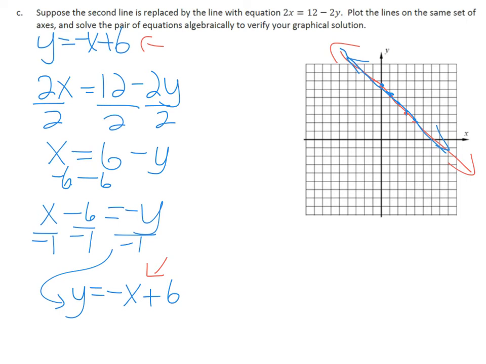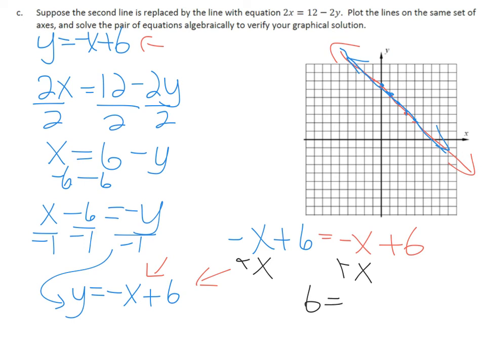This tells us that all of the points on these two lines are going to intersect, and it just tells us that there are infinitely many solutions. If we check this algebraically, we have y is equal to negative x plus 6, and that is going to equal our bottom equation, negative x plus 6. Notice that if you add the x to both sides, you get 6 is equal to 6, which is a true statement, and that tells us that there are going to be infinitely many solutions.